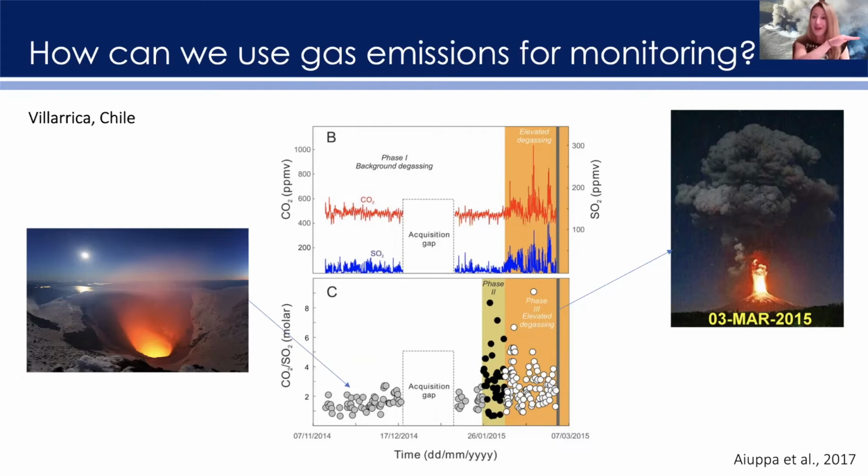So we were able to characterize background activity. And then even when the emission rate, the total amount of gas, was at background levels, we saw this crucial change in the chemistry to a high carbon to sulfur ratio, suggesting that new magma had entered into the magmatic system. This was subsequently followed by an increase in the flux of gas at the surface, the emission rate.